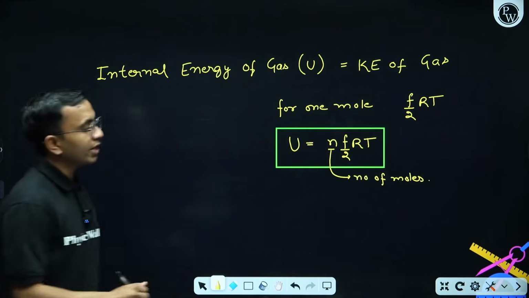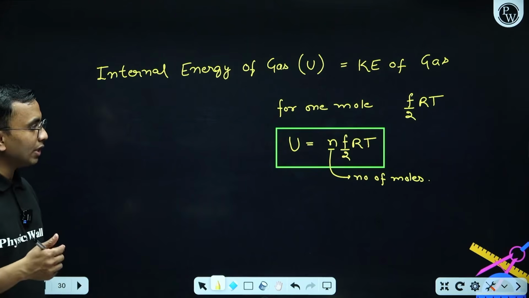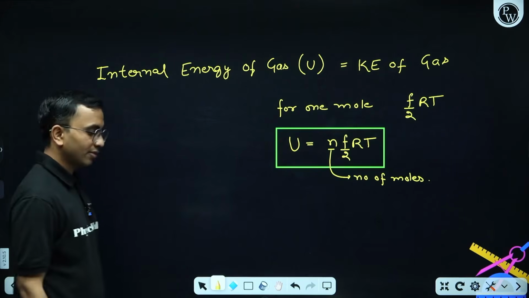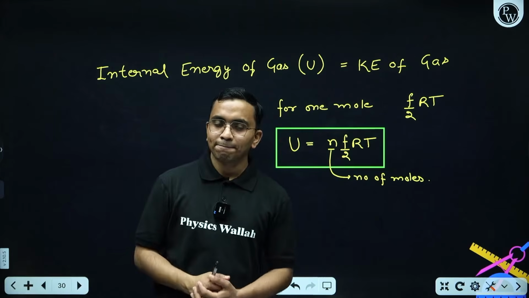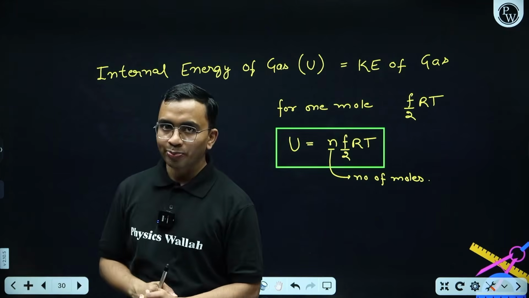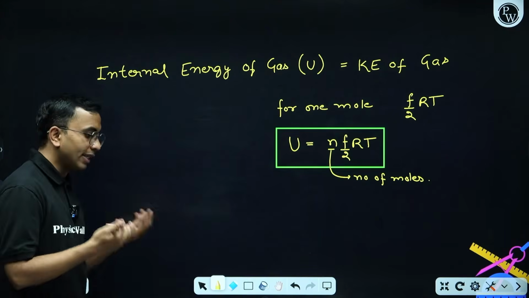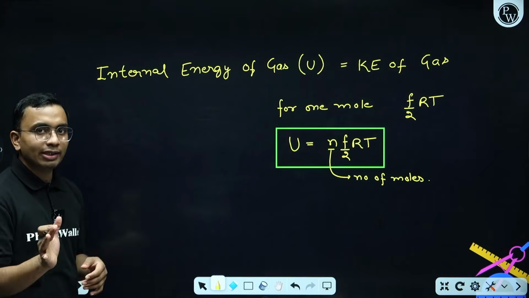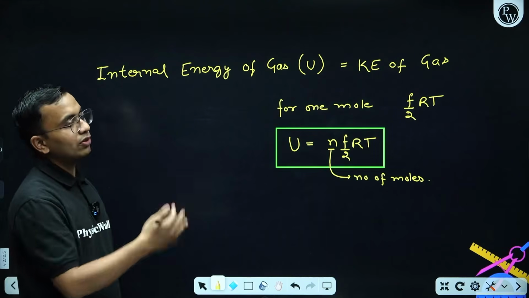For n moles, the internal energy is n into F by 2 RT. So at any temperature, we say the internal energy of the gas is n into F by 2 RT.